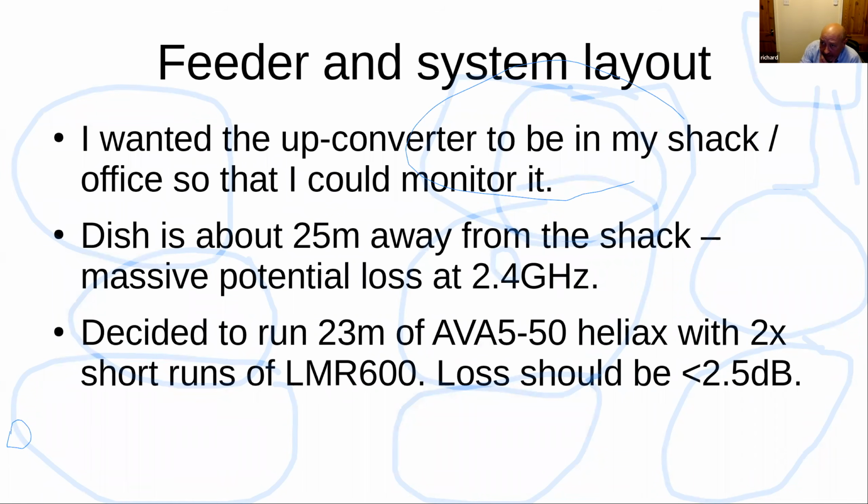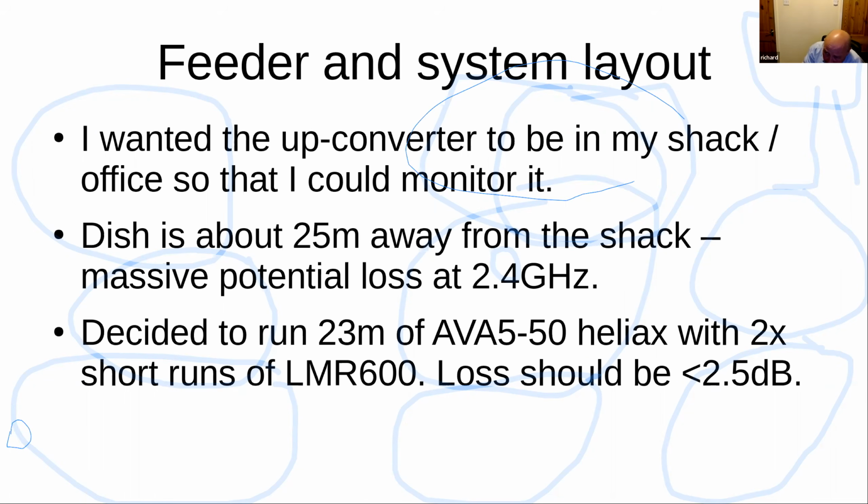So the feeder: basically what I wanted to do is keep the up converter and everything in my shack. I didn't really want everything in a box at the bottom of the garden. It's about 25 meters away from the shack, so there is a real potential for a lot of loss at 2.4 gigs, because obviously I'm carrying 2.4 gigs from the shack down to the dish at the bottom of the garden.